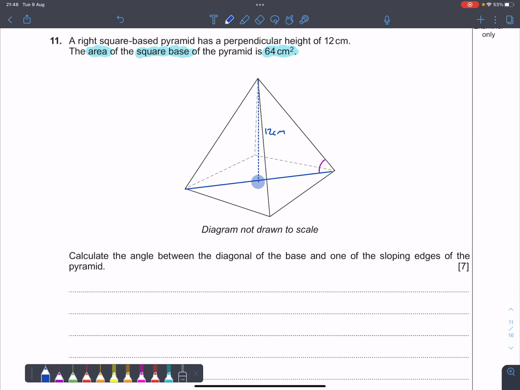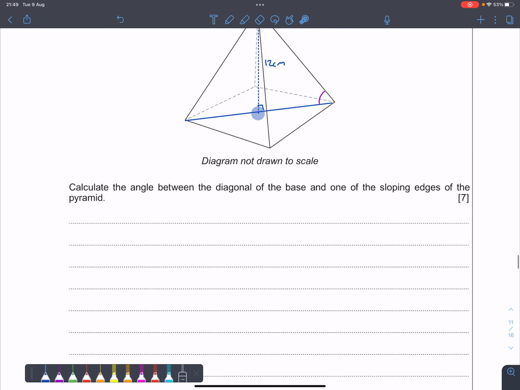So we come out with a right angle triangle by here. We know the one side is 12. What we need to be able to do is to work out this side. It could be this side here, but they wouldn't talk to you about the diagonal of the base if they didn't want you to find the diagonal of the base. Okay, so that's what we're going to be looking at.